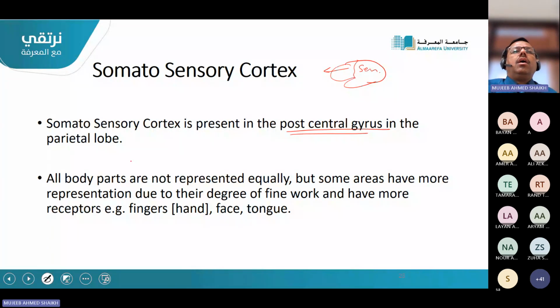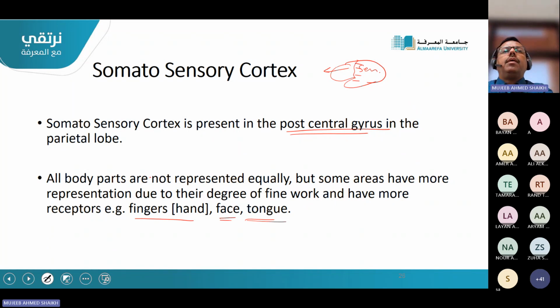And again, here, not all the body parts are represented equally. Not all the body parts are given equal share. Rather, you will see that hand and fingers are given larger area. Face and tongue are given larger area, whereas the remaining trunk is given a very small area.